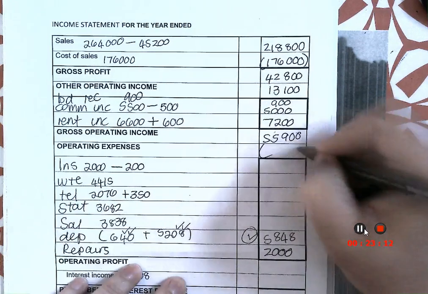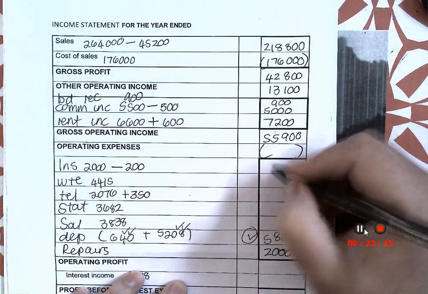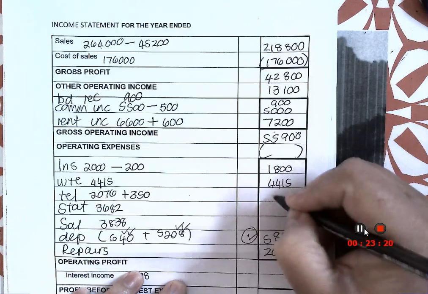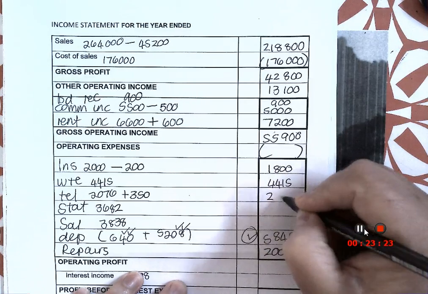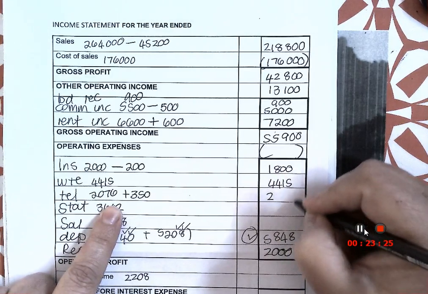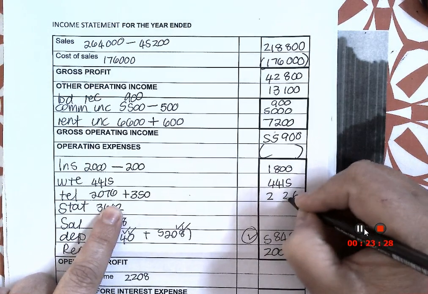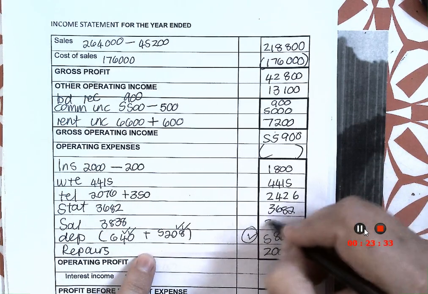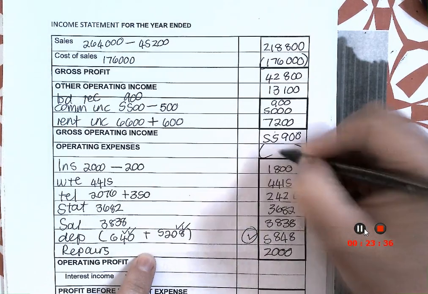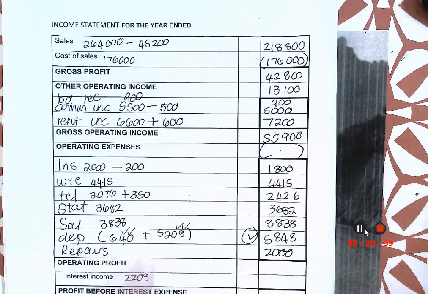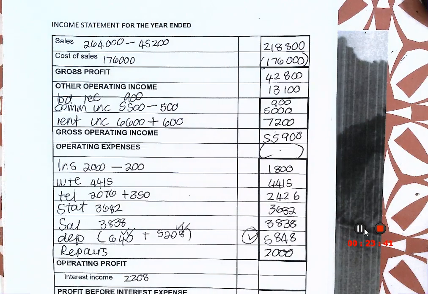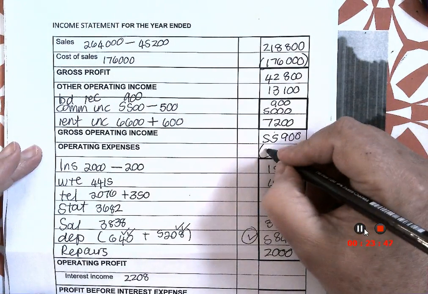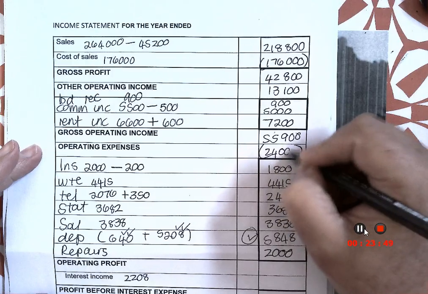Okay. Expenses. I've got 184415. 2, 4, is that a 6? No. So it's 6, it's 12, it's 4. 3682, 3838, and what's the total? Anybody? Oh, okay, so we still make a profit.